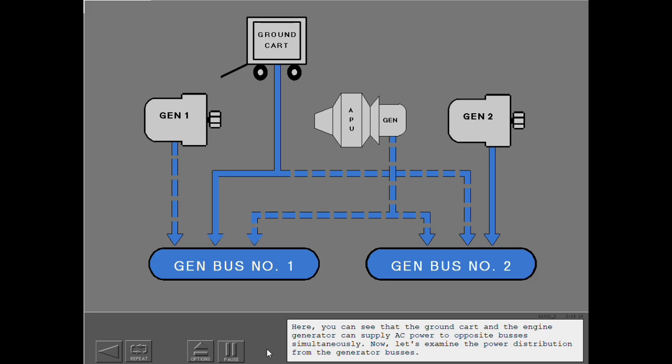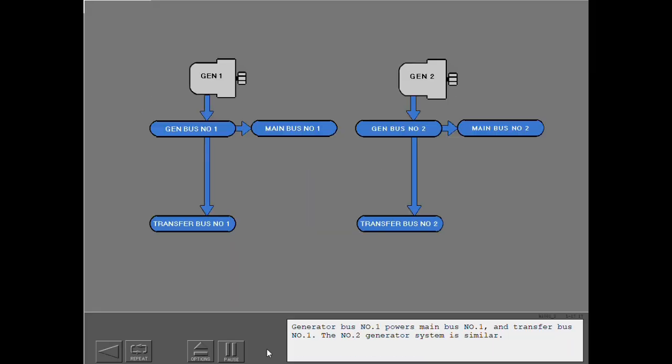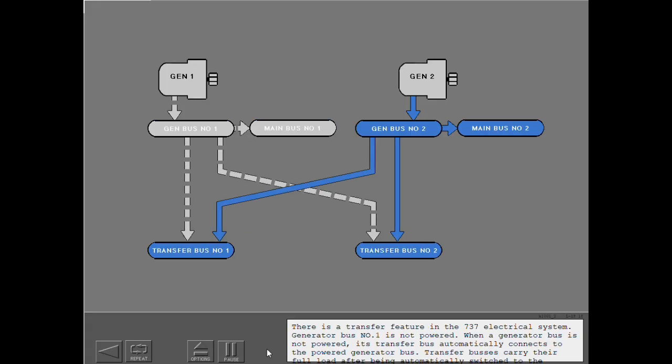Now, let's examine the power distribution from the generator buses. Generator bus number 1 powers main bus number 1 and transfer bus number 1. The number 2 generator system is similar. There is a transfer feature in the 737 electrical system.